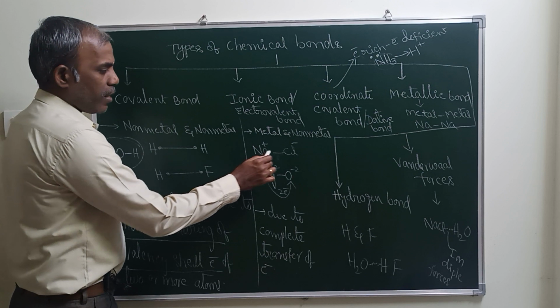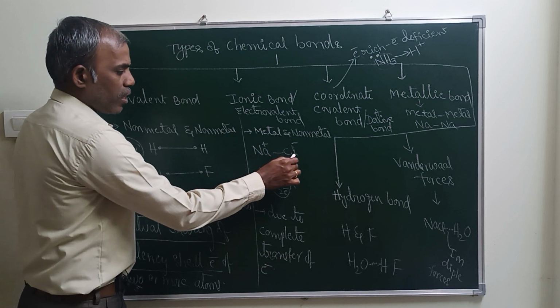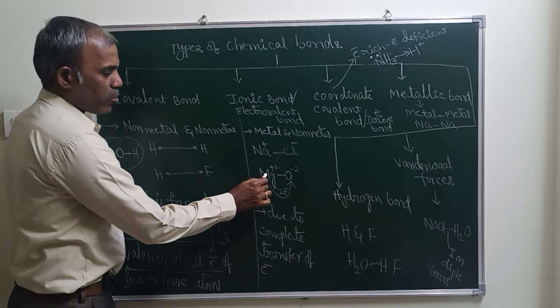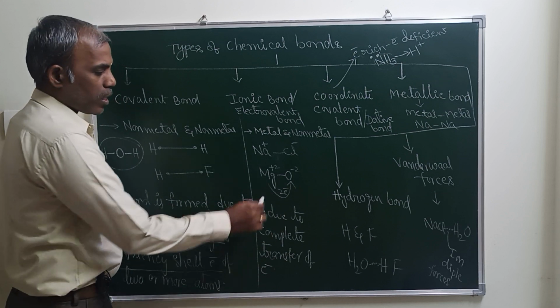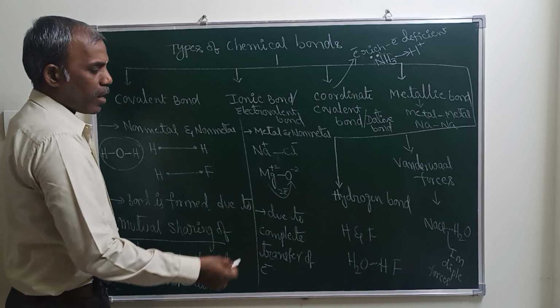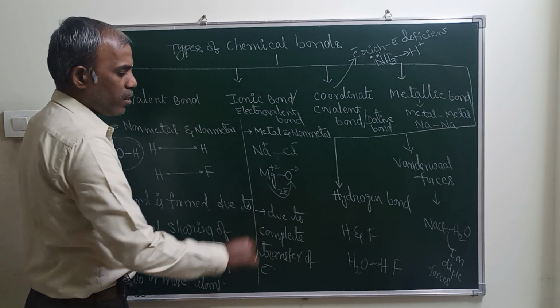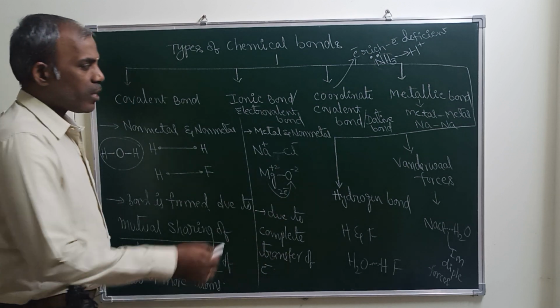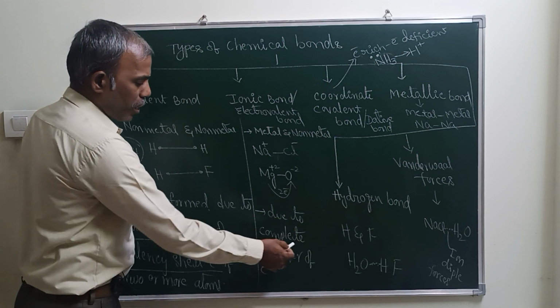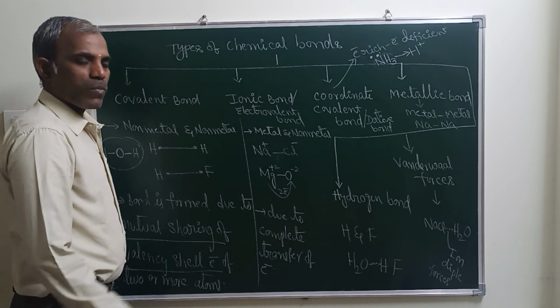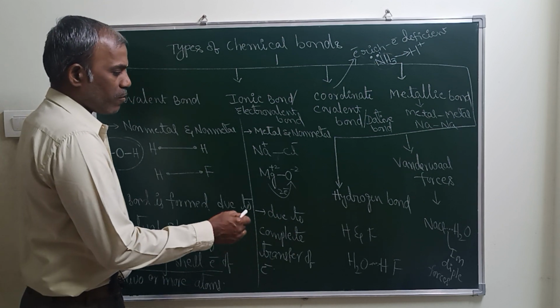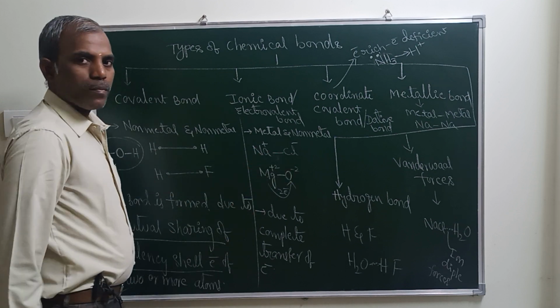Similarly, you see here NaCl, Na plus and Cl minus. Mg 2 plus, O 2 minus. That is, MgO is an ionic compound. Magnesium lost 2 electrons and oxygen gained 2 electrons. How is it formed? Due to complete transfer of electrons. The transfer of electrons is generally observed from metal to non-metal.